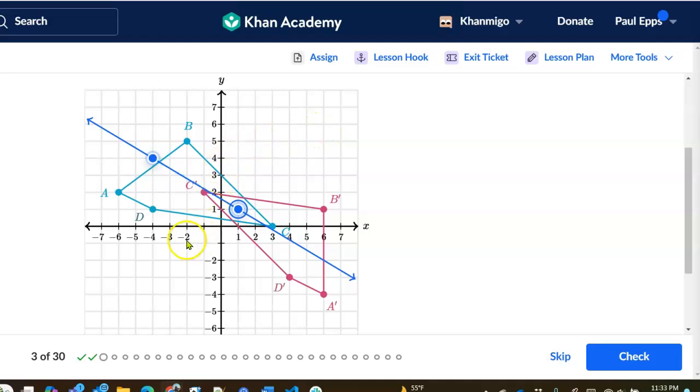Let's look at B. B goes over 8 and up 4. So if instead it went over 4 and up 2, how does that look? Yeah, that looks pretty good.